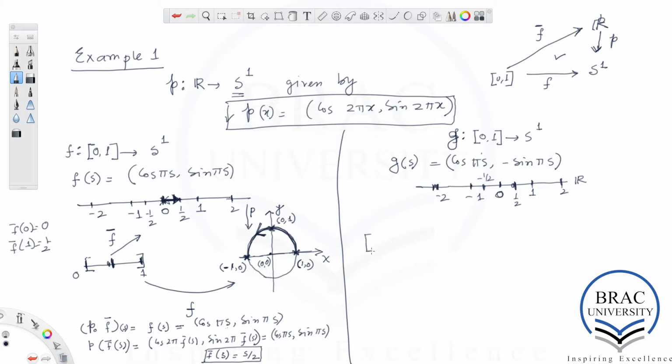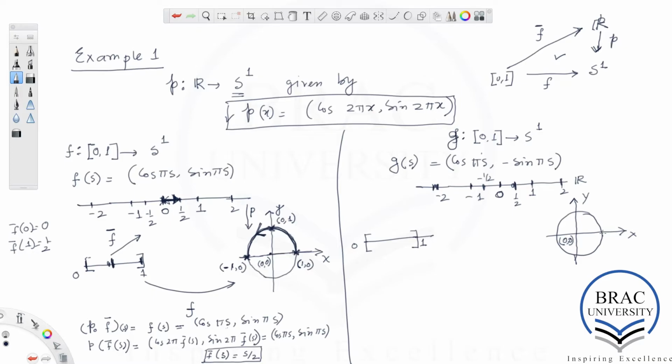Now this is the interval from 0 to 1. And then I have this circle. Here is the x-axis, and here is the y-axis. This is the origin, 0, 0, the origin of the coordinate system, and this is the formula. So I take 3 values.